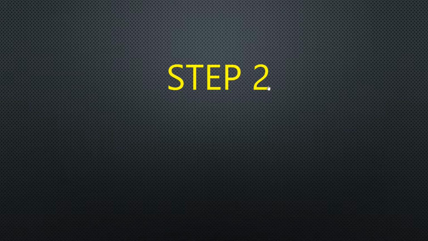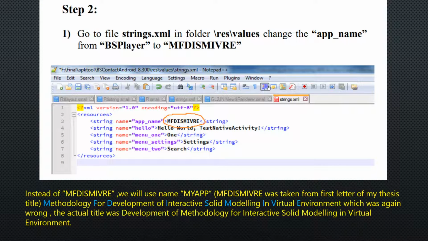Step 2, go to the strings.xml in the folder res/values. Change the app name from BS Player to whatever name you want to give. Okay.